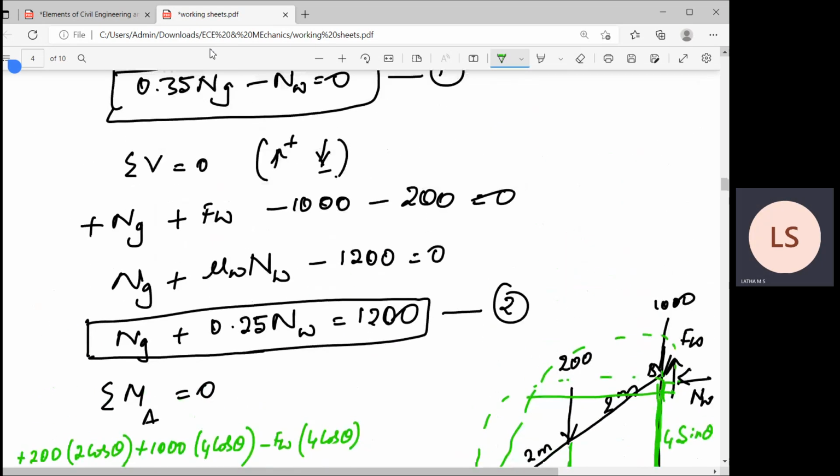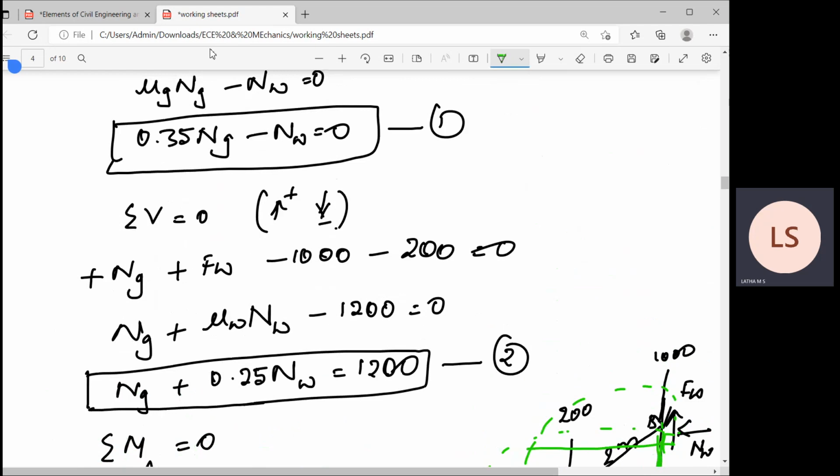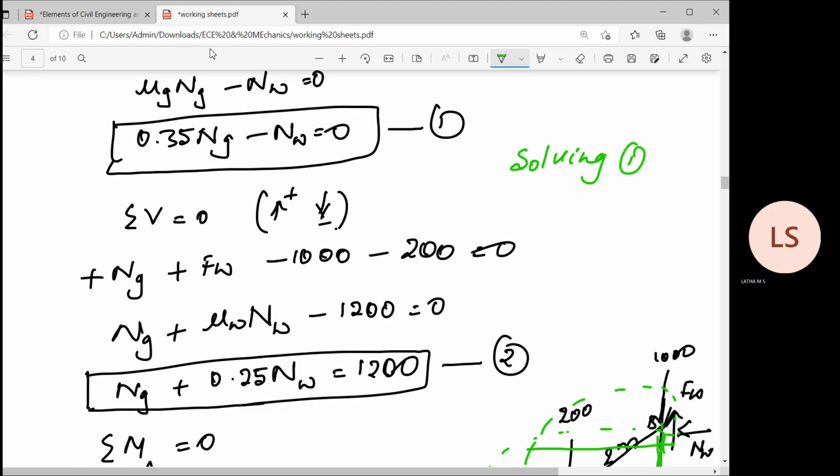Yes, because solving equation 1 and 2, we get the value of Nw and Ng.